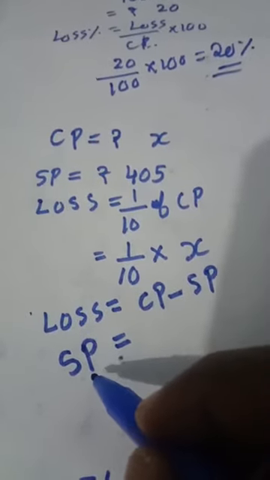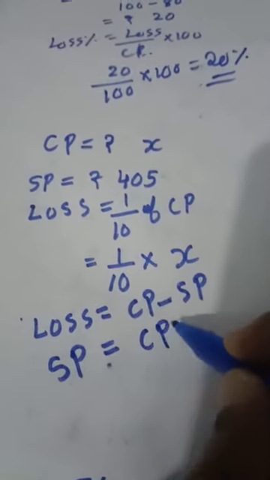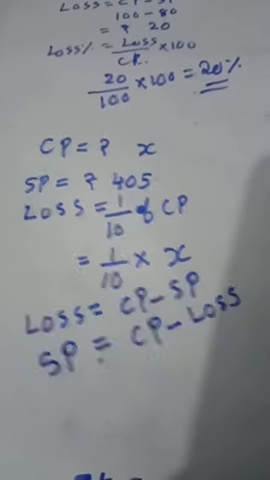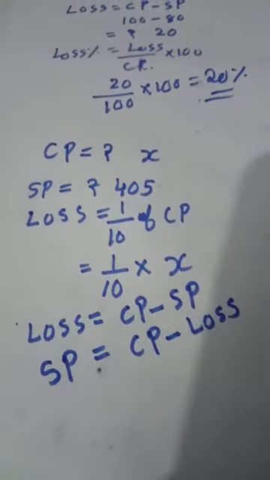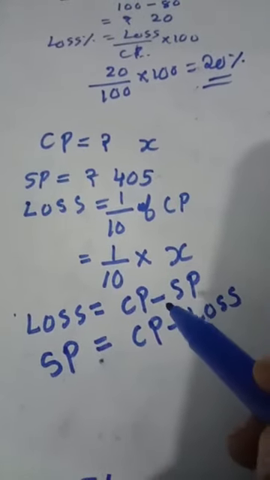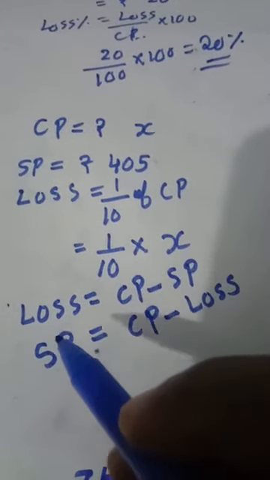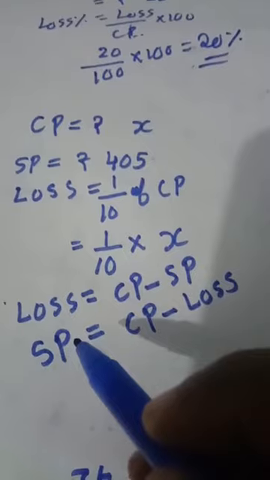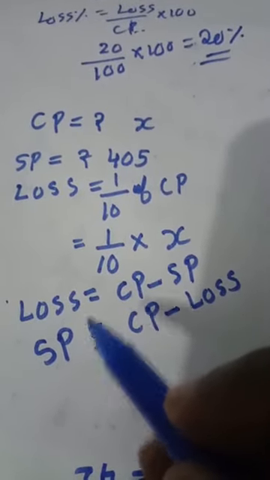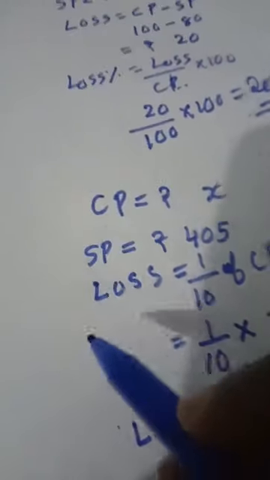SP is always less in the case of loss, so SP is equal to CP minus loss. Loss is equal to CP minus SP. When does loss occur?